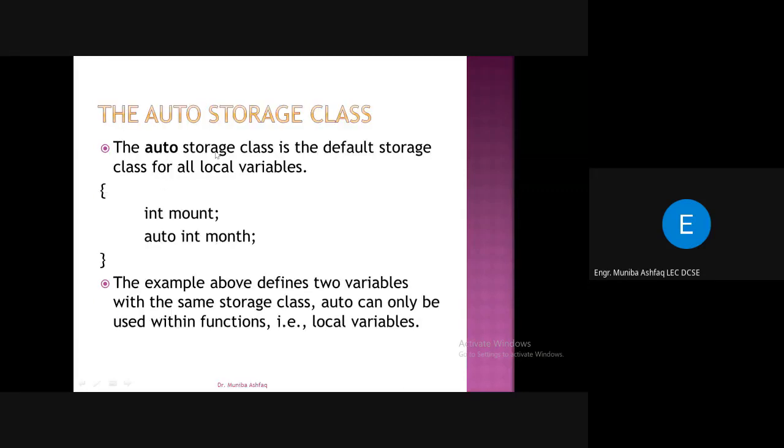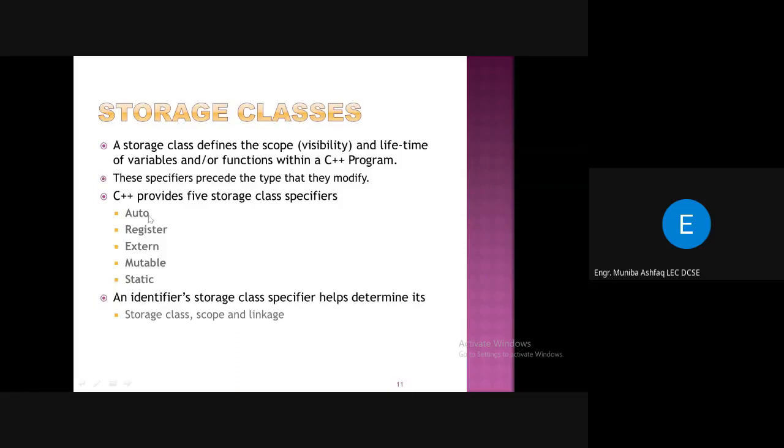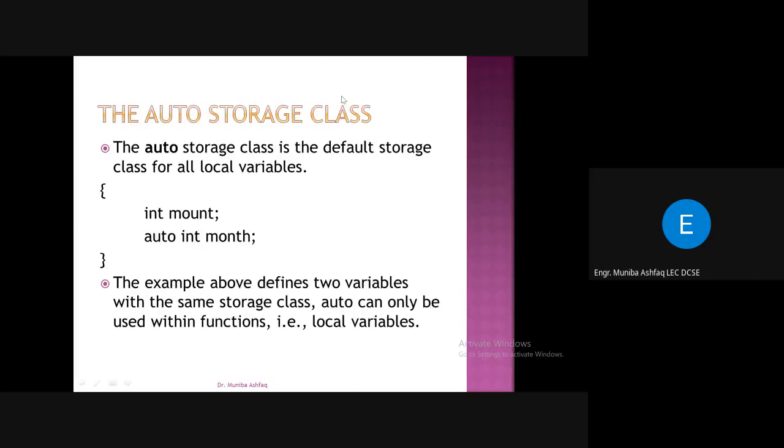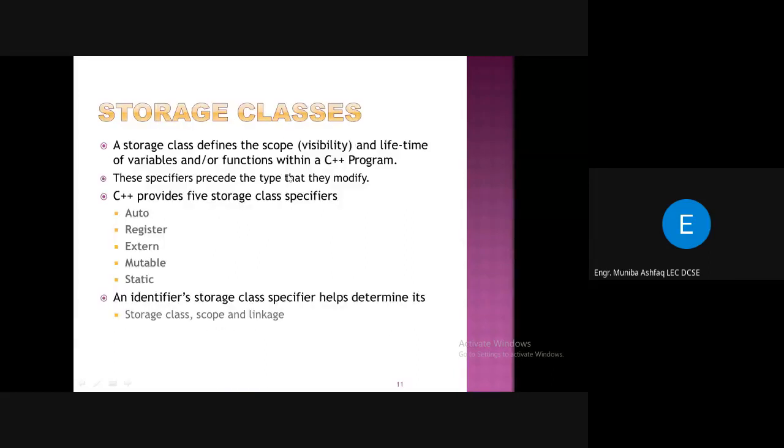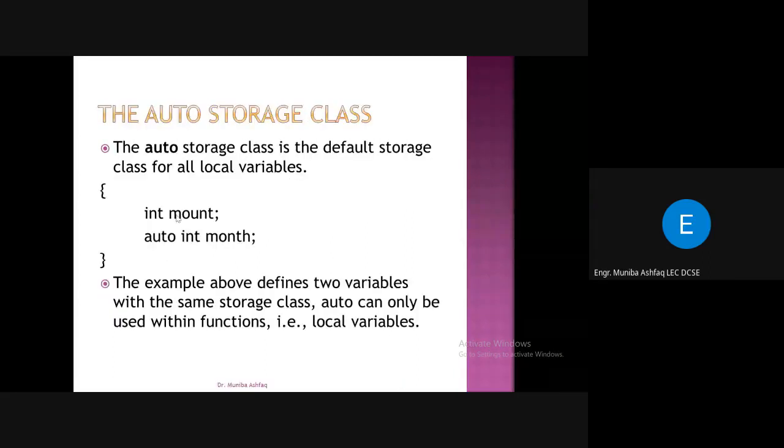Out of these five, the first one is auto. The auto storage class is the default storage class for all local variables. So if you have a block, or you have a function, then when you declare a variable int month here, by default all these local variables have the storage class of auto.